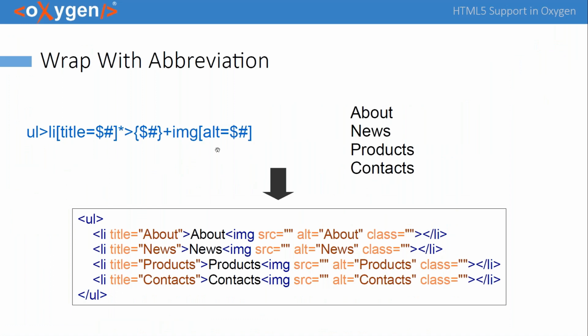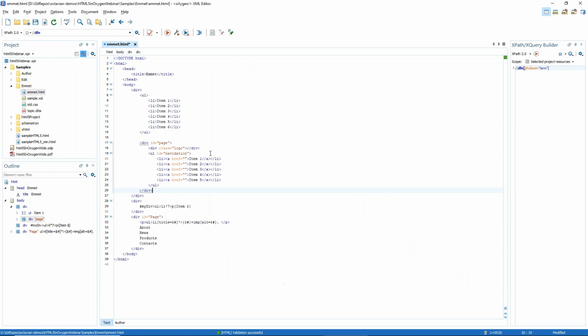Then we have also wrap with abbreviation. This allows you to select some content like this one, and then use this wrap with abbreviation that will generate the content in the list in this case, or in a table, or what you want to insert in your document. For example, let's see, for this one, I will select the content.